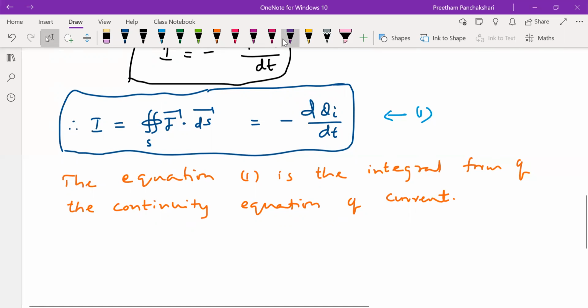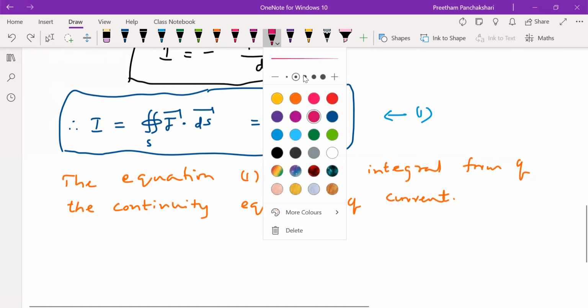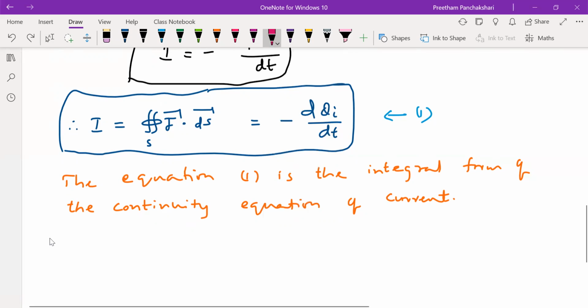Now, if the charge distribution is a volume charge of density rho v, then we can modify equation 1 to another useful form.